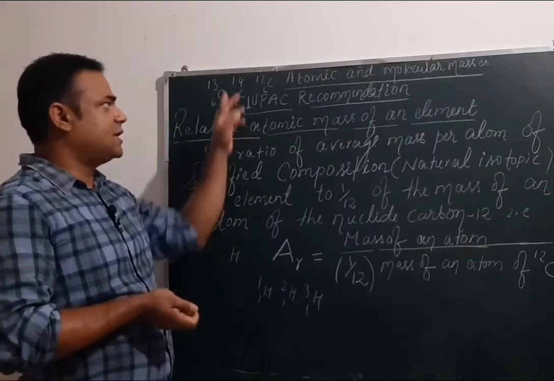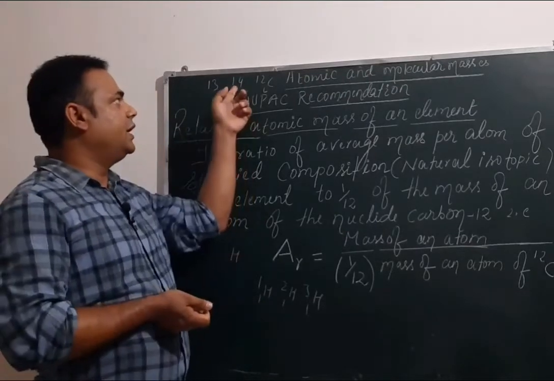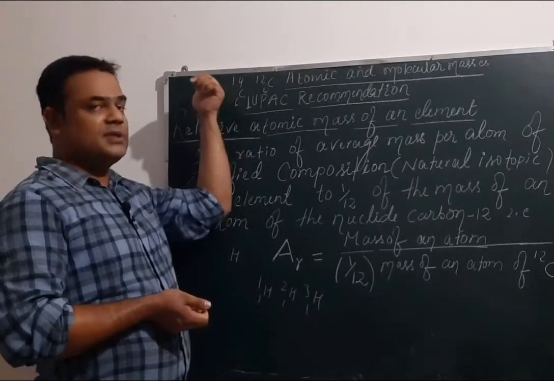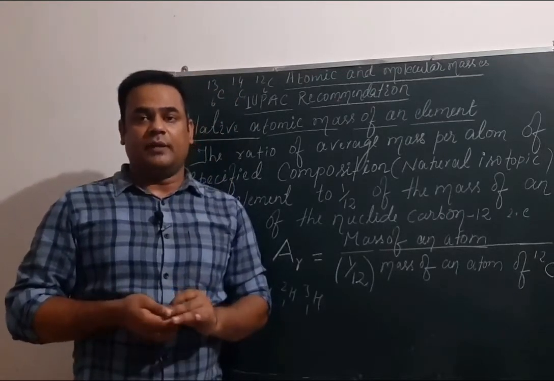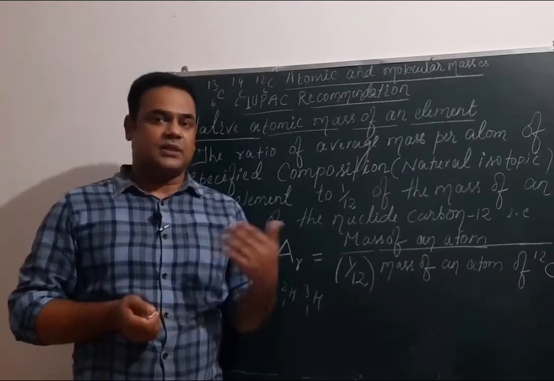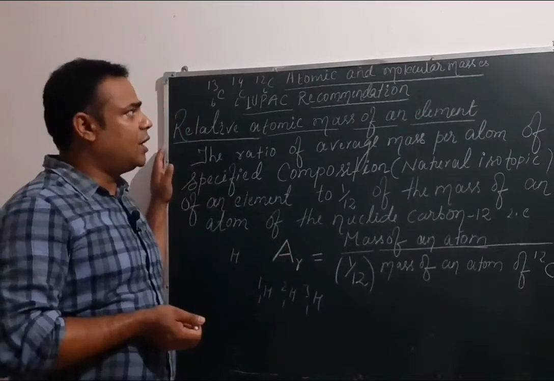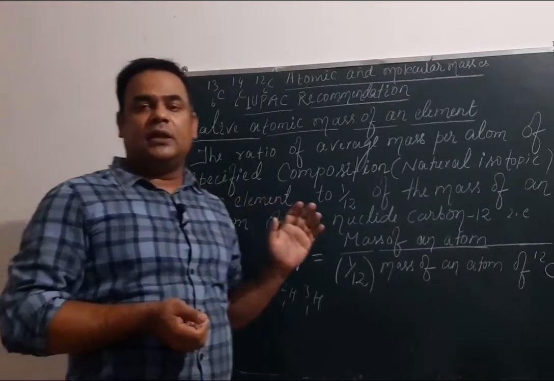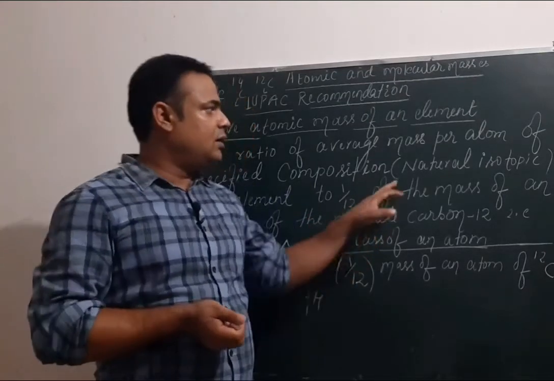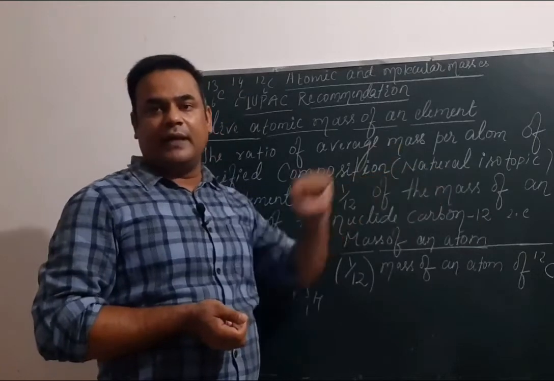If this isotope is there, its atomic mass will become 14, and if this isotope is there, it will become 13. To solve this problem, IUPAC has given a suggestion regarding the relative atomic mass of an element: you take the natural isotopic composition of the element.